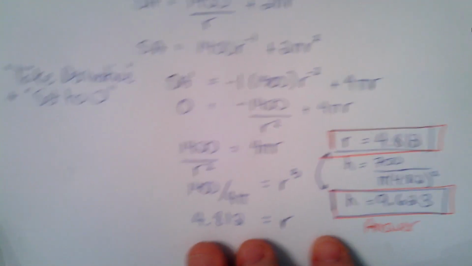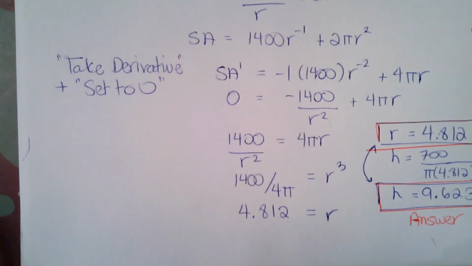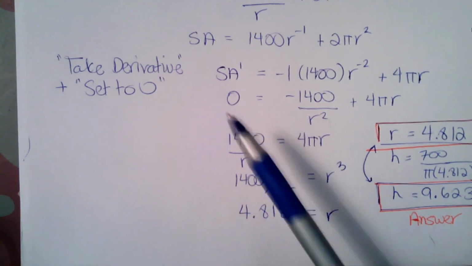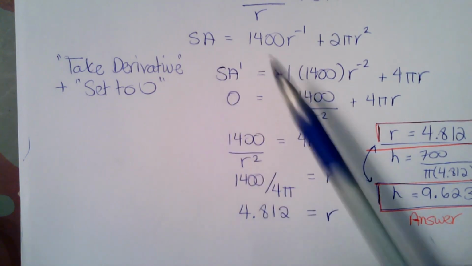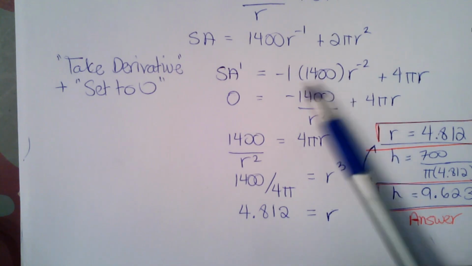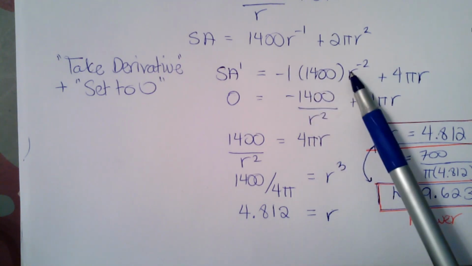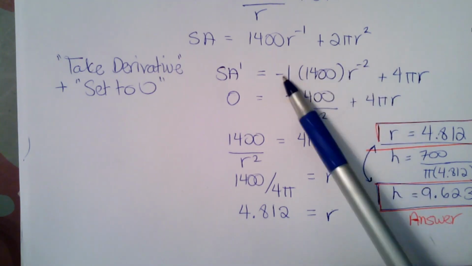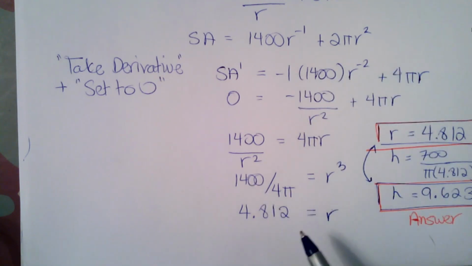Alright, so there's one more thing we should check. We want to see that we in fact did get a minimum. So just off to the side somewhere we can do a quick check. So here's the derivative I got the first time. I could do this a second time, but it's not a super easy derivative to deal with. I guess it wouldn't take that much effort.